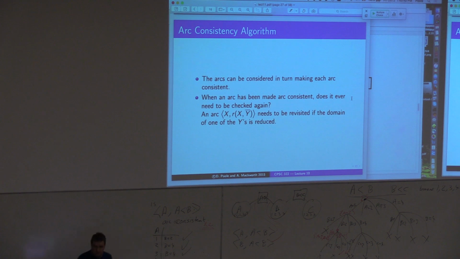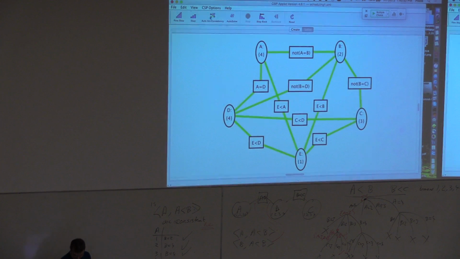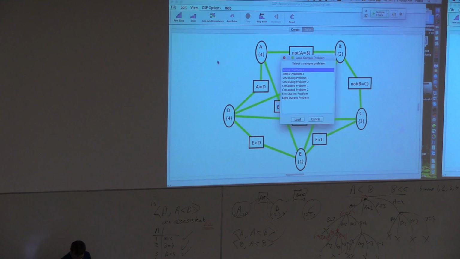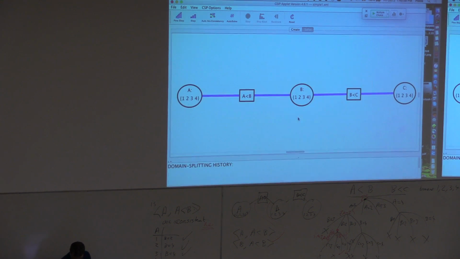Okay. So does this always solve problems? Does this always solve the problem? No, right? In fact, the very first example we did didn't solve the problem. For this one here, I think is this one.